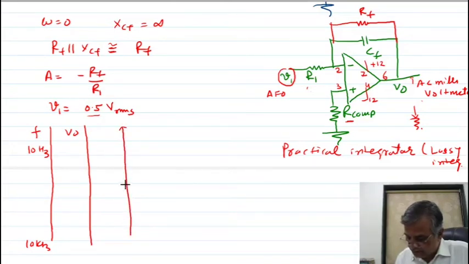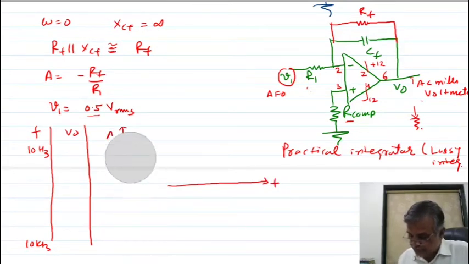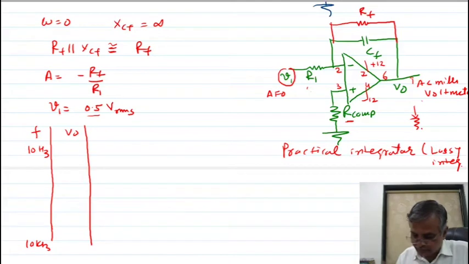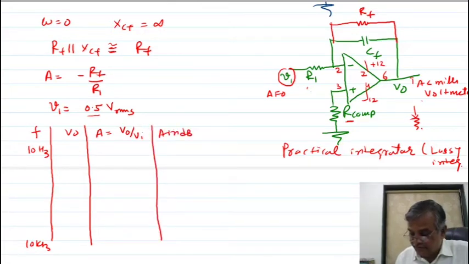of your gain. Means you have to find the gain, VO by VI, then gain in dB means 20 log VO by VI.